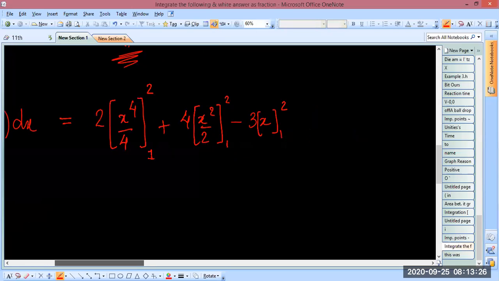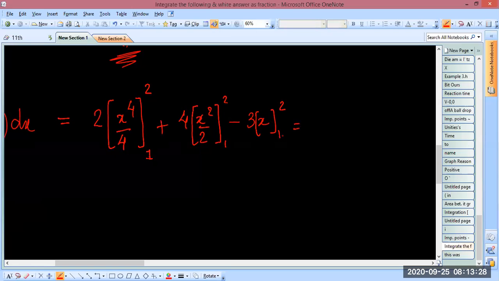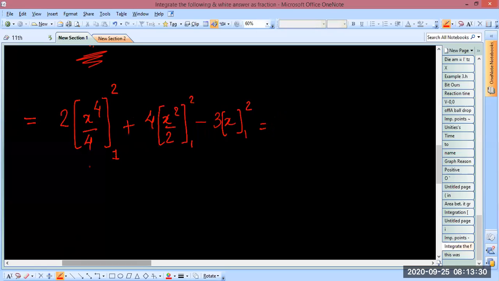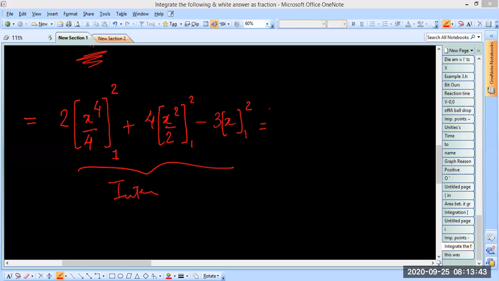All right. So this is what we have. I hope the integration part is clear. Wow, Vedant, that is wonderful.